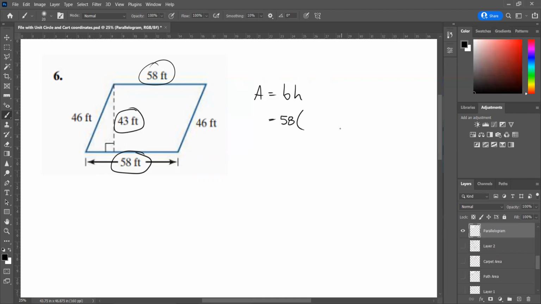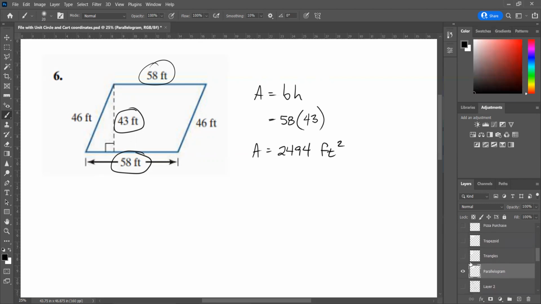So we'll use the 43, not the 46. So the area of this particular parallelogram would be 58 times 43. I got my calculator here. That one's harder for me to do in my head. 2,494. Area is units squared, so that would be feet squared. So that would give me the area of that parallelogram.